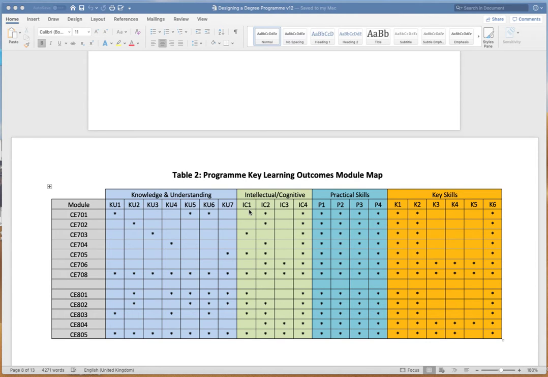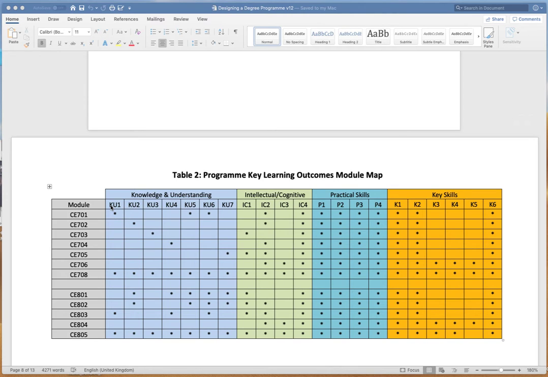So these are the ones that will be written at that program level, and then these are the modules which will have module level learning outcomes, but in this mapping it tells you that this program level learning outcome is achieved through the module level learning outcomes within this module.